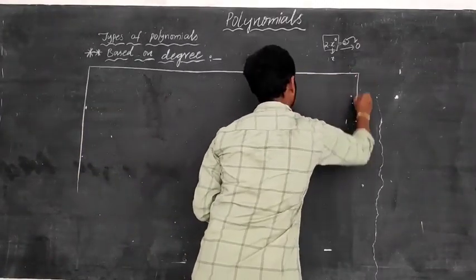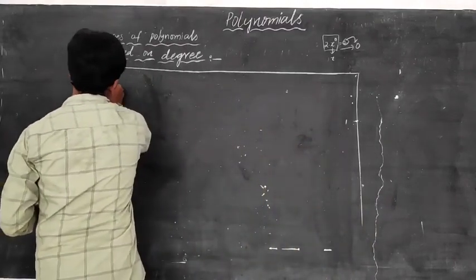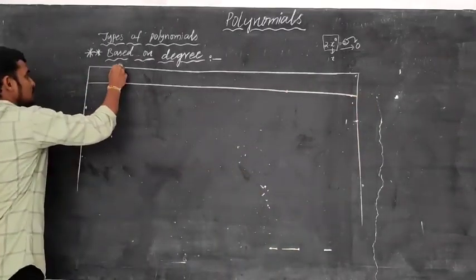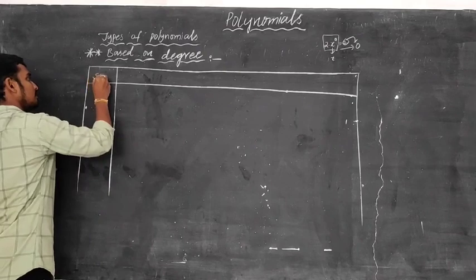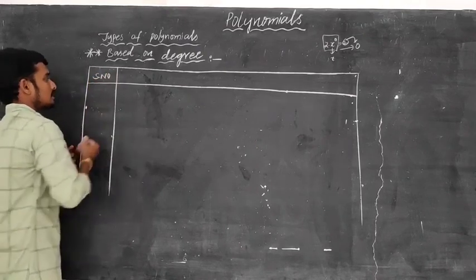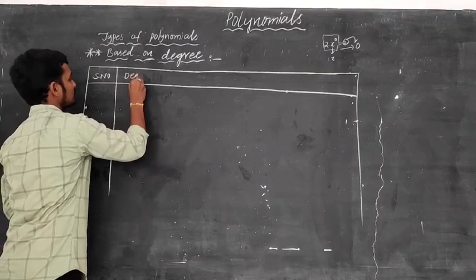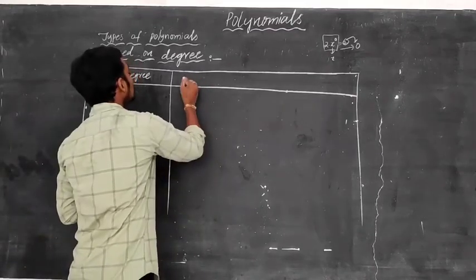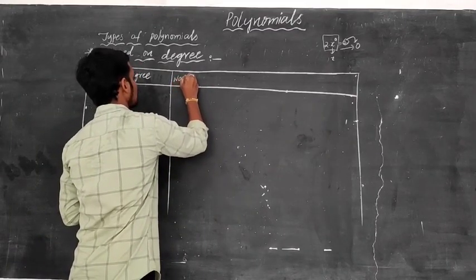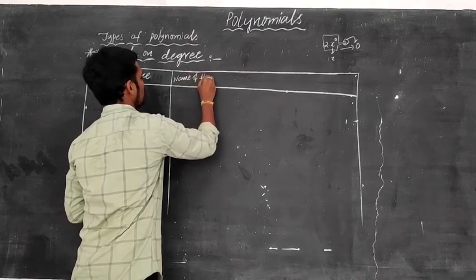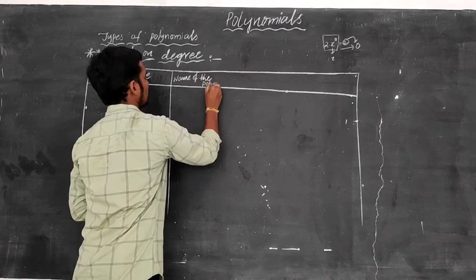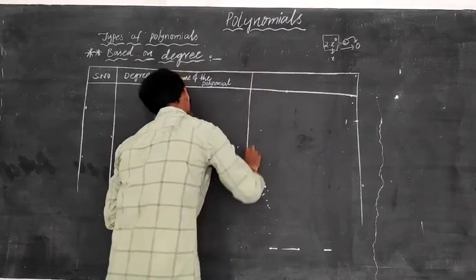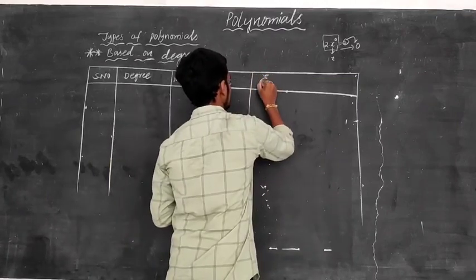You can draw the table like this. The first column is serial number, the next one is degree, then name of the polynomial, and the fourth one is examples.